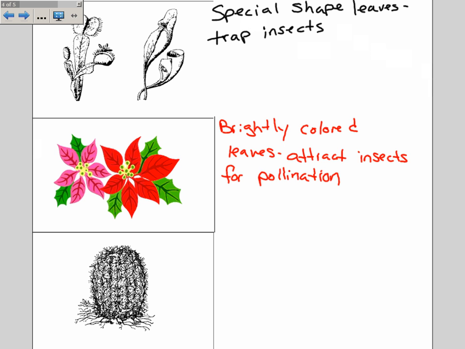Okay. This one down here at the bottom, the focus for this one is the roots. Now, plants need to get water in order to survive. We learned that. Well, our example down here of this cactus, it has a special root system to meet the needs for getting water. Some plants have large root systems that grow near the surface of the ground where they can collect rainwater quickly. So think about a cactus living in a desert. Okay? You got this cactus in the desert.